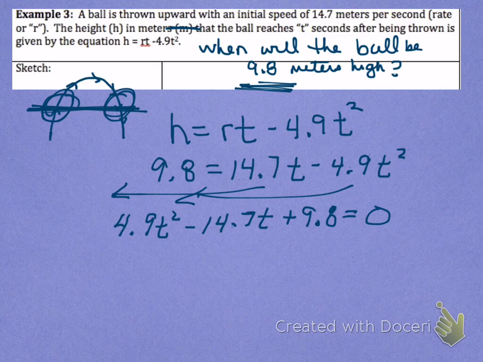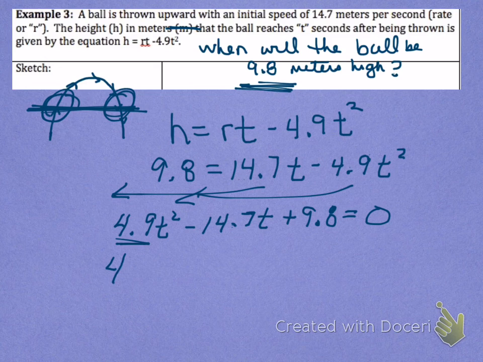And we want to pull out a common factor. It's nice if you can make your coefficient 1, and so you'll see we can pull out a factor here of 4.9. So you always want to give that a try. That might not be a first thought because you've got your decimals there. But if you can make that coefficient of the t squared term 1, it's a good idea to try.